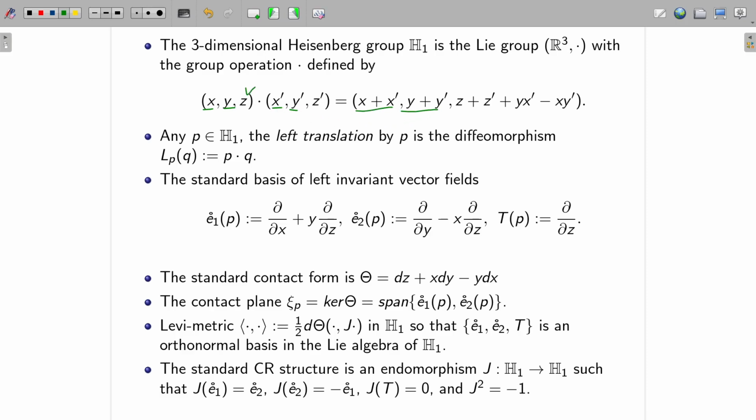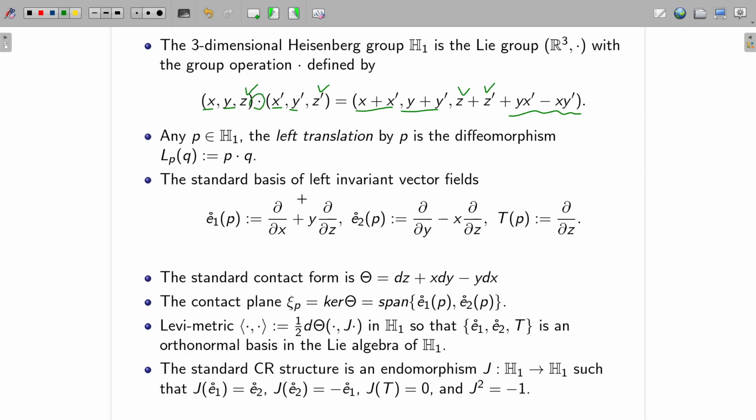For the third one, we have the twist term, which is z plus z bar, and this is a twisted term. For any point P in Heisenberg group H1, the left translation by P is the diffeomorphism defined from the left. So the operation here is defined as before.